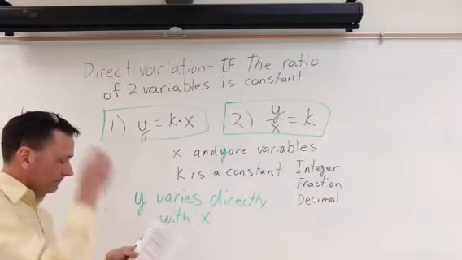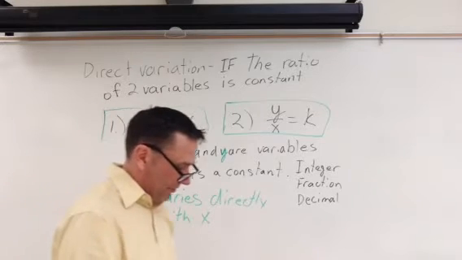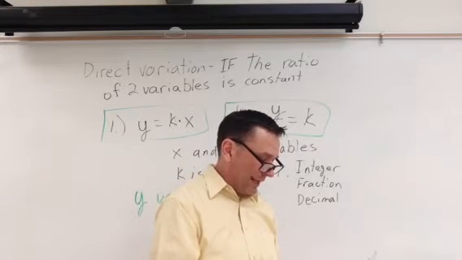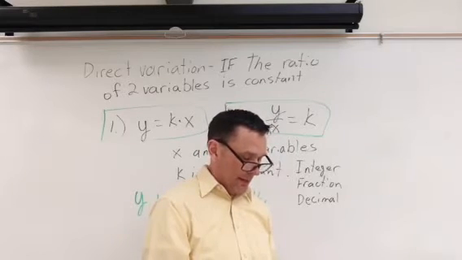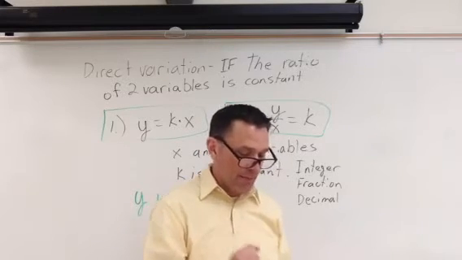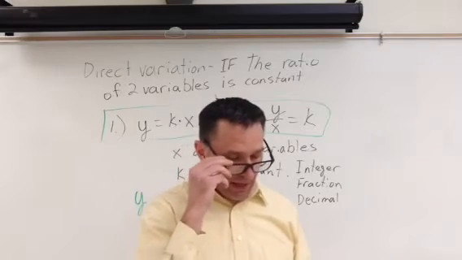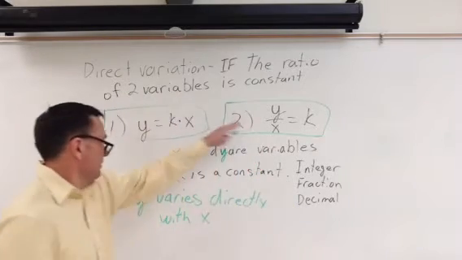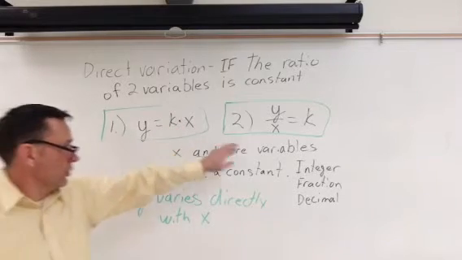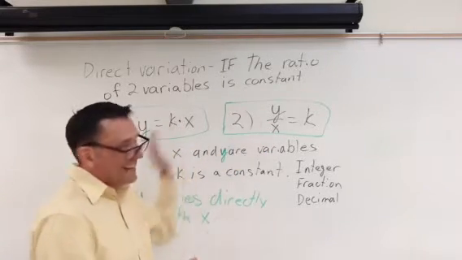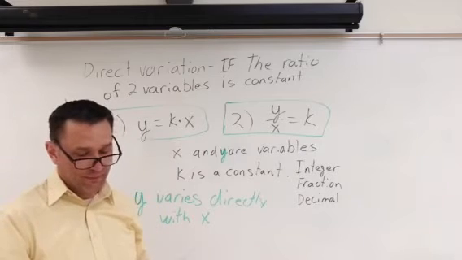So in your notes it says, so the next thing we're going to be looking at is identifying if something is a direct variation. Now this is very easy if you remember this part. If you notice from these things, there's no addition or subtraction. It's either multiplication or division. That constitutes a direct variation.